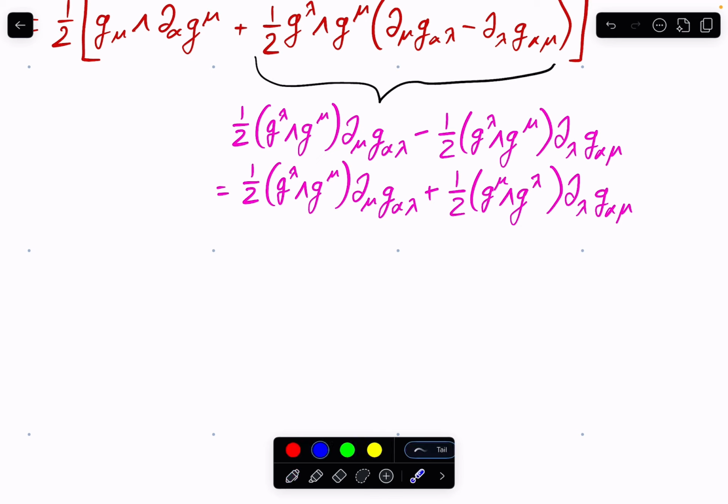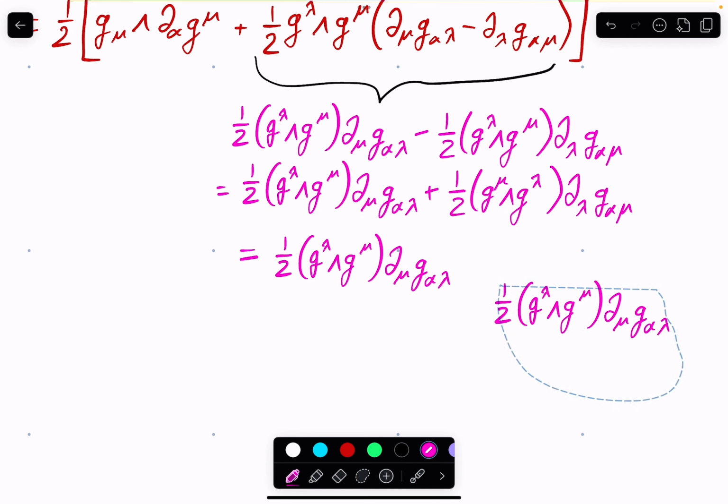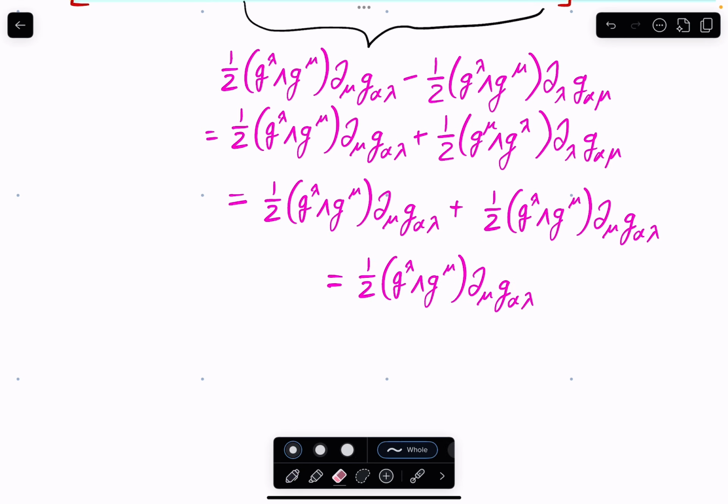But then notice this, we have same indices here, same indices here, and here and here are the same. And so if we just relabel this right-hand side, then we end up with 1/2 this plus 1/2 this, which is just going to give us 1 times that quantity.